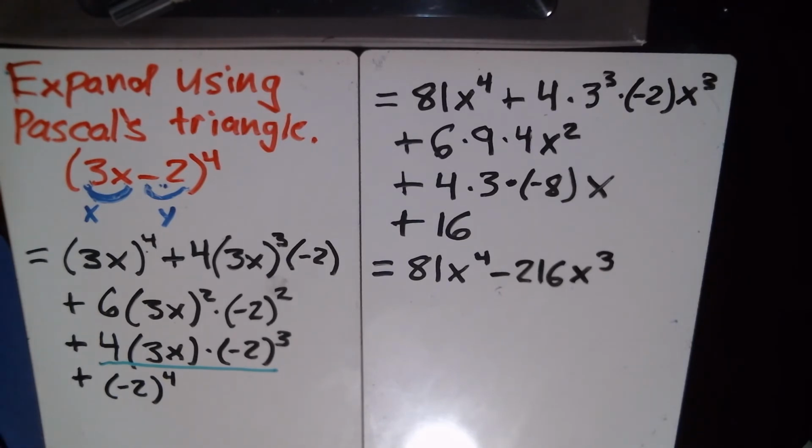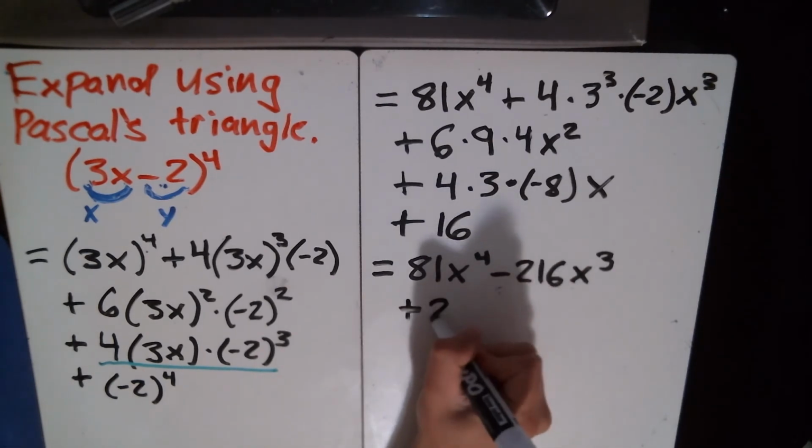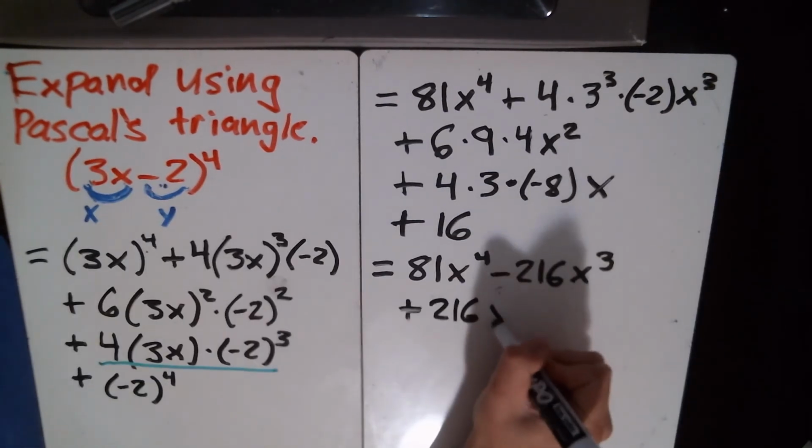Then we're going to do 6 times 9 times 4, which is plus 216x squared.